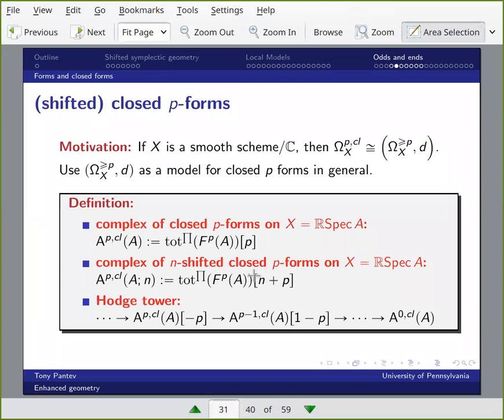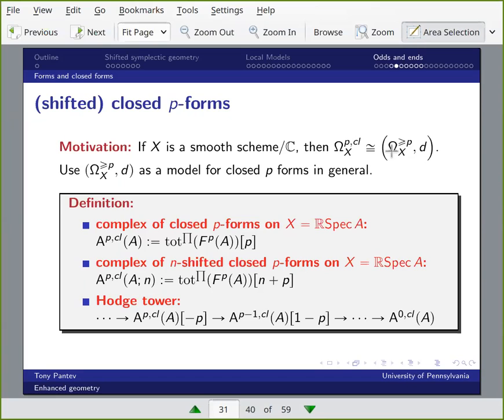And that complex is the stupid truncation of the de Rham complex. If you take the de Rham complex and you cut it at degree P, just look at omega P goes to omega P plus 1, goes to omega P plus 2, and so on to the top dimension by the de Rham differential. Well, the de Rham complex by the Poincare lemma is exact, but because we stupidly cut it at degree P, it's not exact at the first term.